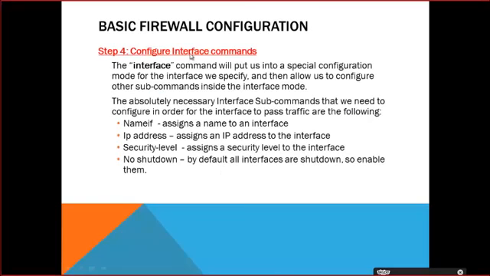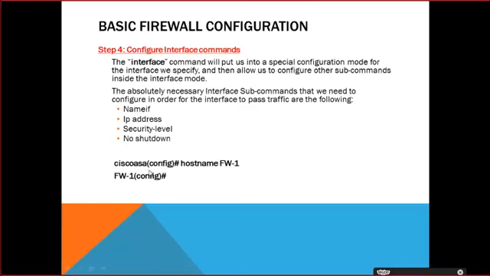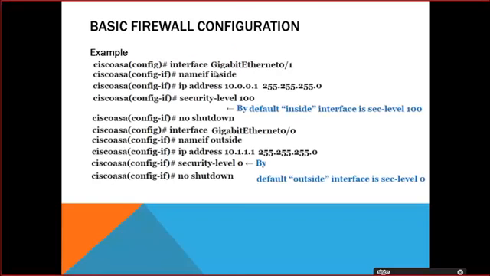Next is the interface. These commands are mandatory. You need to provide an IP address, a name for the interface, set a security level, and then say no shutdown. Not even one can be missed. We need to give all. So this is an example.